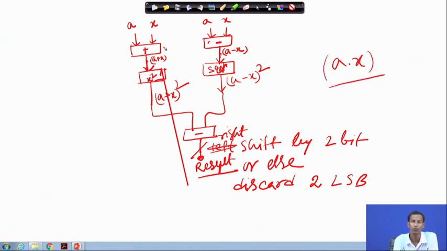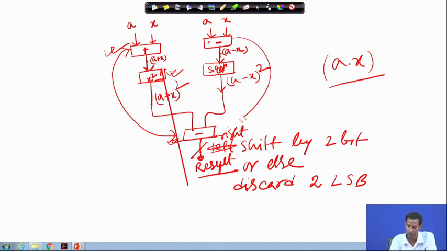Complexity-wise, or if I try to calculate the corresponding delay for that, for the squaring circuit I can optimize it. But here I need one additional adder and one additional subtractor in this particular path.